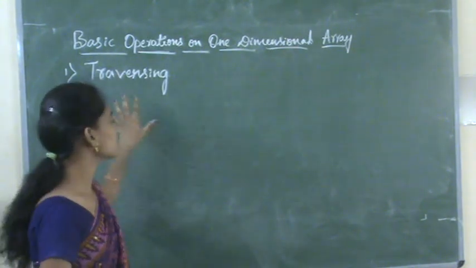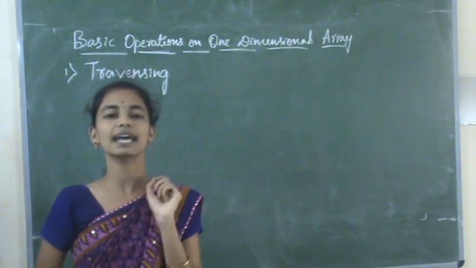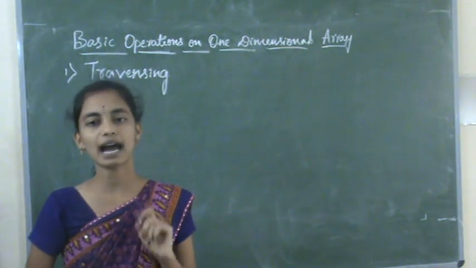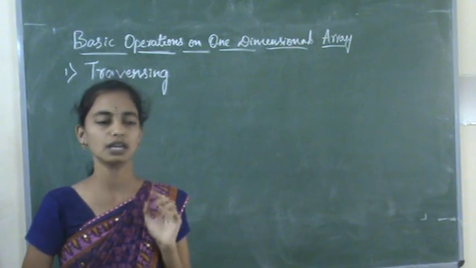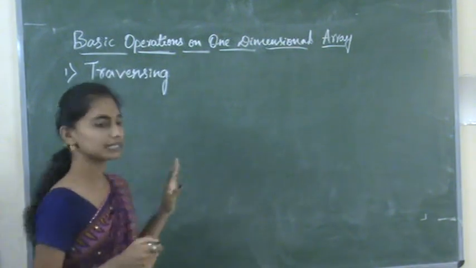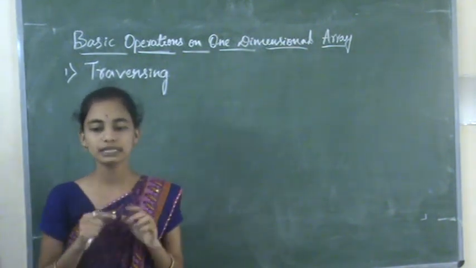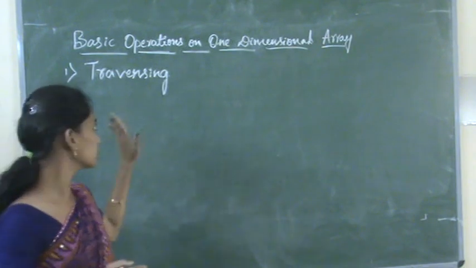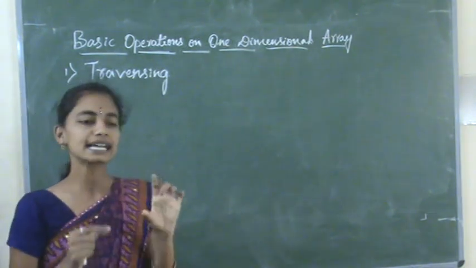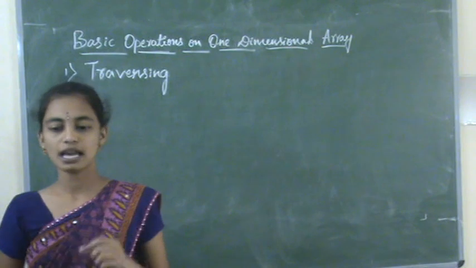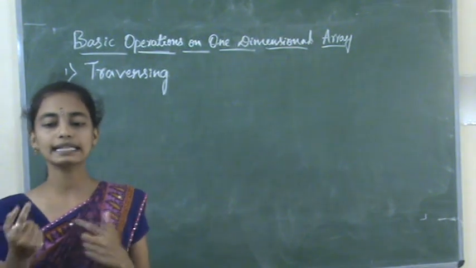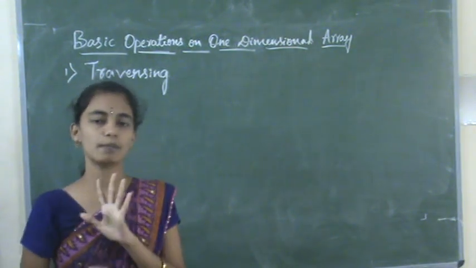Traversing means accessing an element in an array at least once, to do some operations.